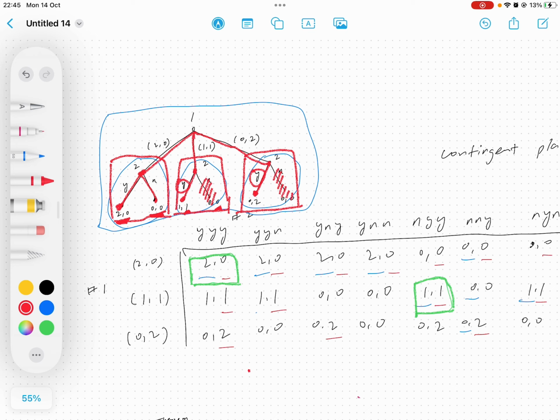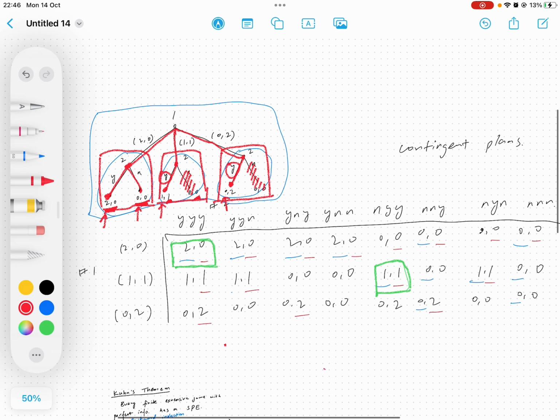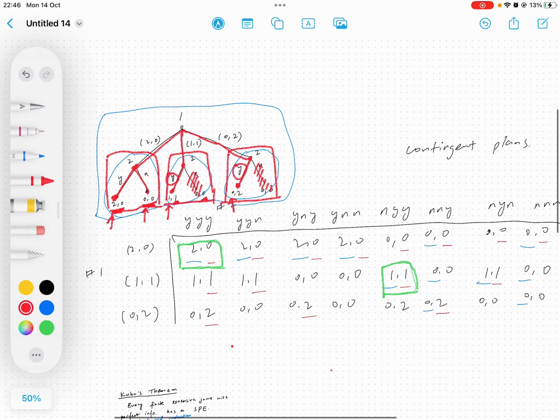Given the behavior of player 2, player 1 could get either 2, or 0, or 1, or 0. If player 1 chooses this 0-2 action, then it has to go to this place, so player 1 gets 0 for sure.